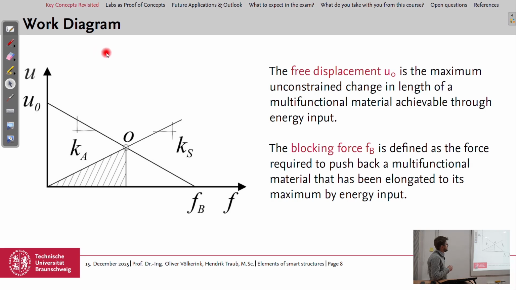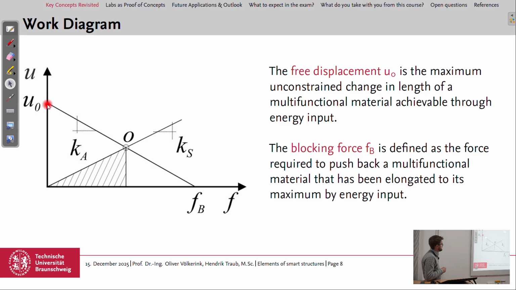Then we introduced the work diagram, where we can find our two key parameters. The free displacement is the maximum unconstrained change in length of a multifunctional material achievable through energy input. Unconstrained, so we have no force applied, therefore we are on the x-axis.